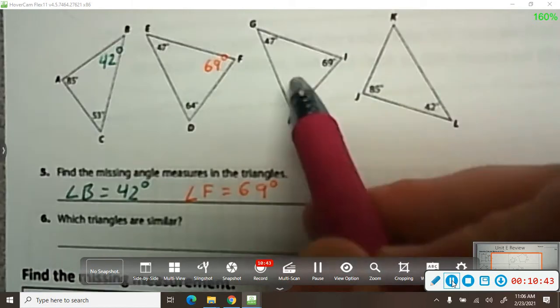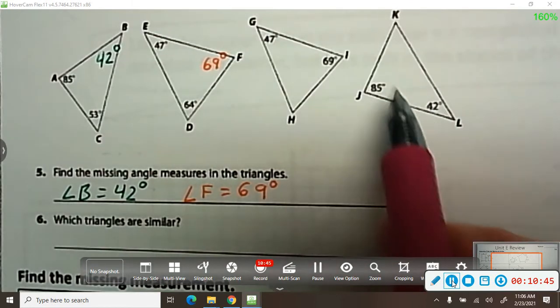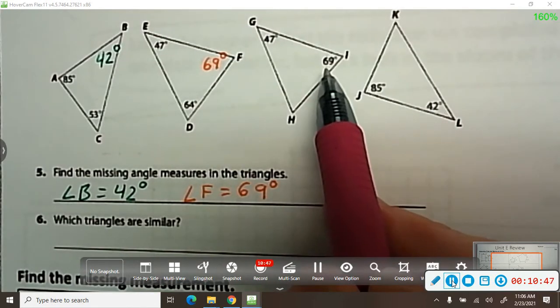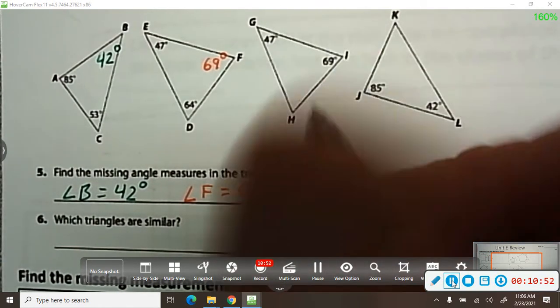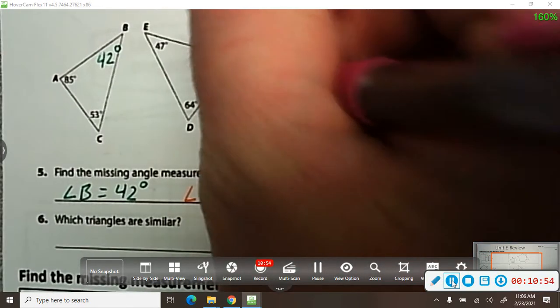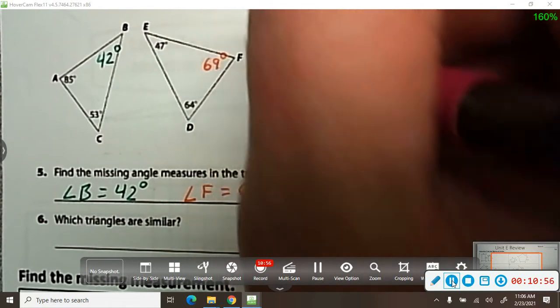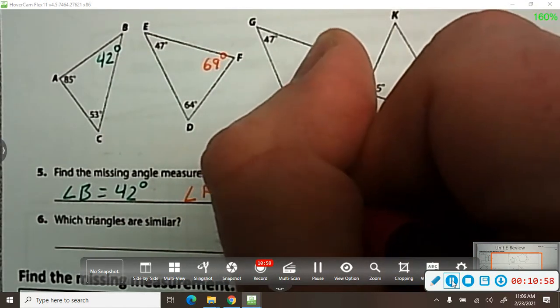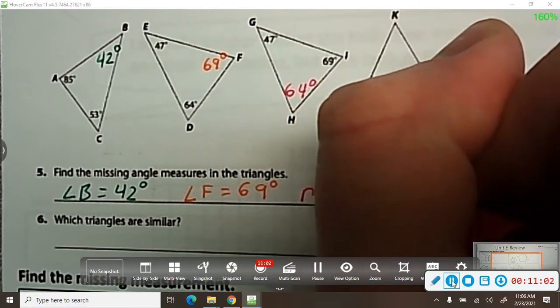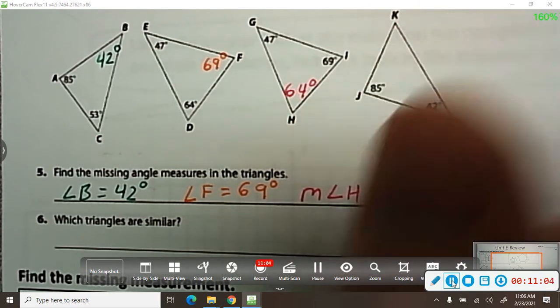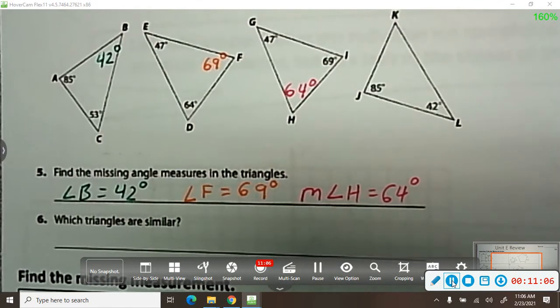And then these three angles add up to 180. So 180 minus 69 minus 47, 64. So you could say the measure of angle H is 64 degrees. Probably better to put that M there for measure.